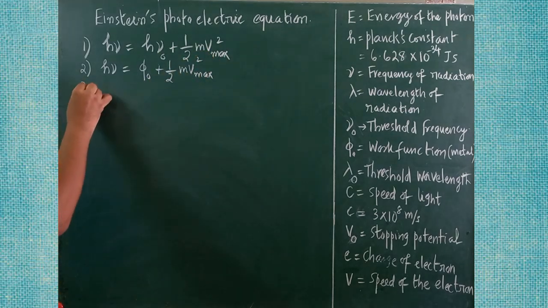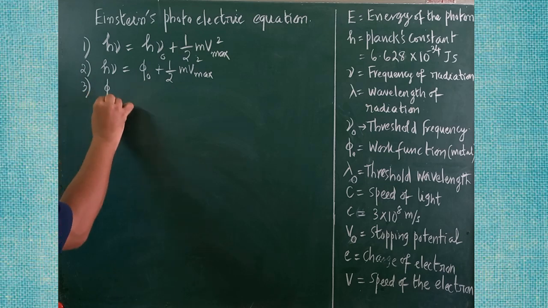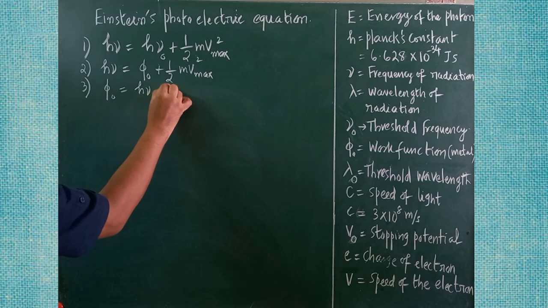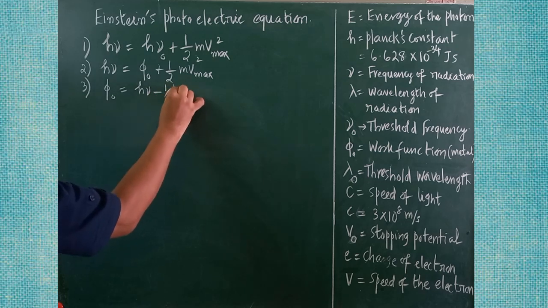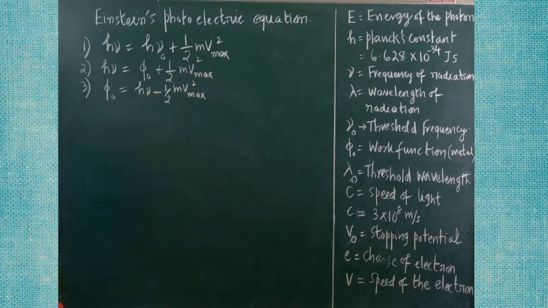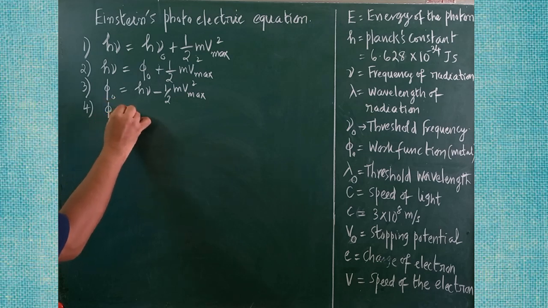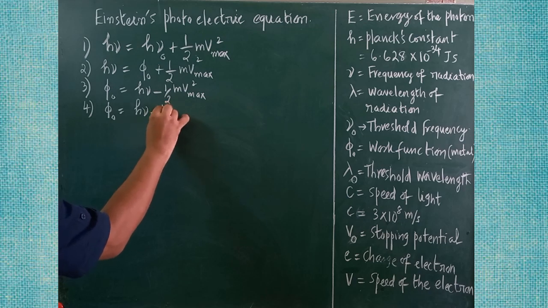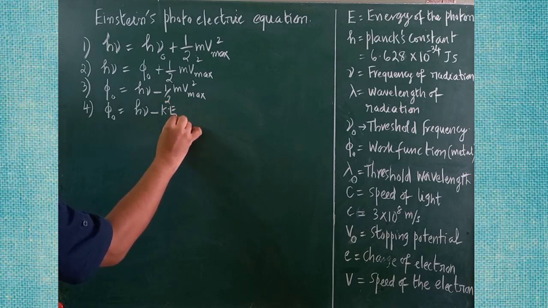And then from this second formula, we are able to get the work function formula, that is phi naught equals h nu minus half m v max square. So that is the derivation of the third one. So here the same formula, third one, can be written as h nu minus, this entire factor can be replaced simply as Ke max.